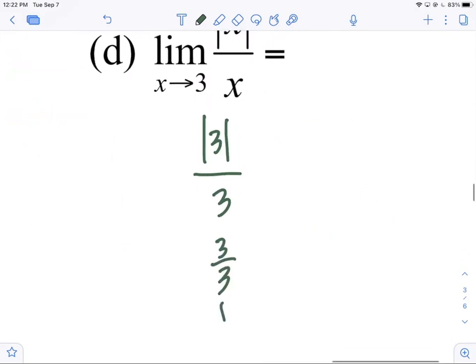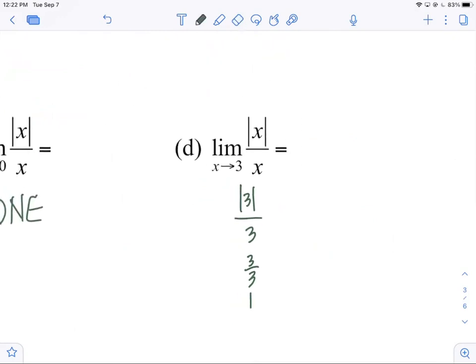The only place where the general limit of the parent function is going to be DNE is at 0. So you've got to be careful. Don't overgeneralize and say the general limit is DNE. No, because you're not approaching 0, you're approaching 3. Be careful.